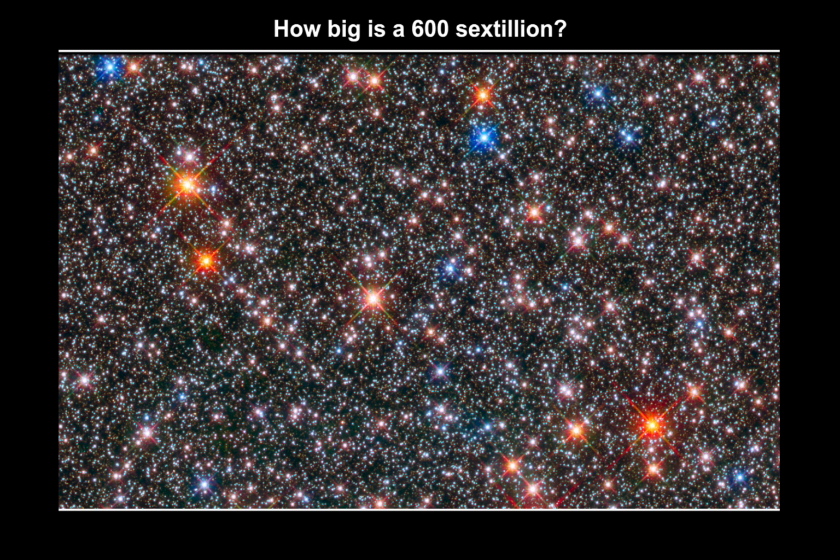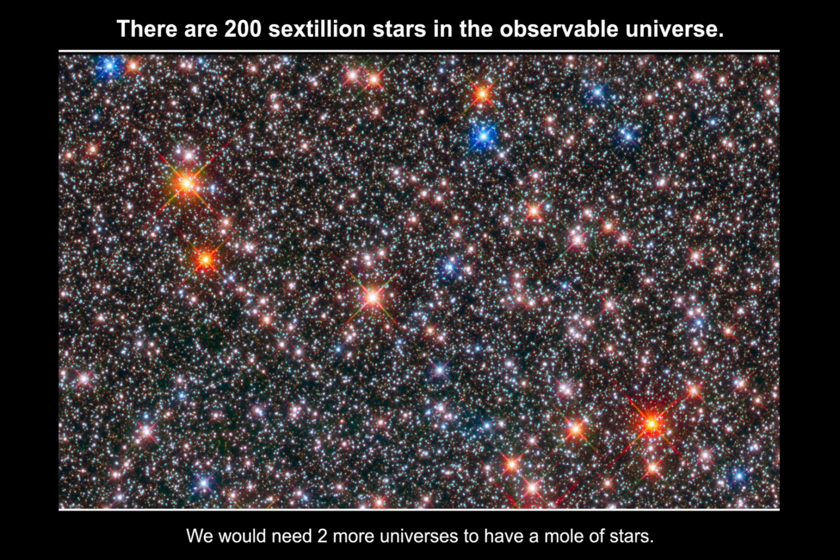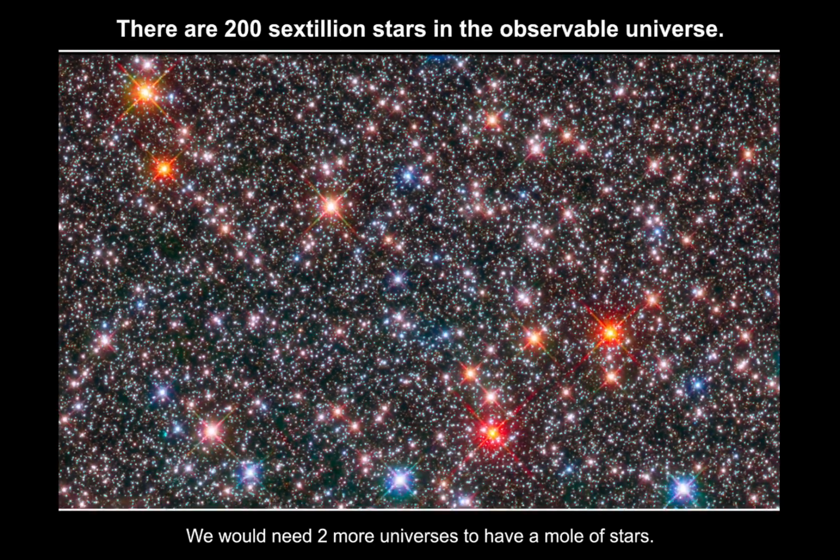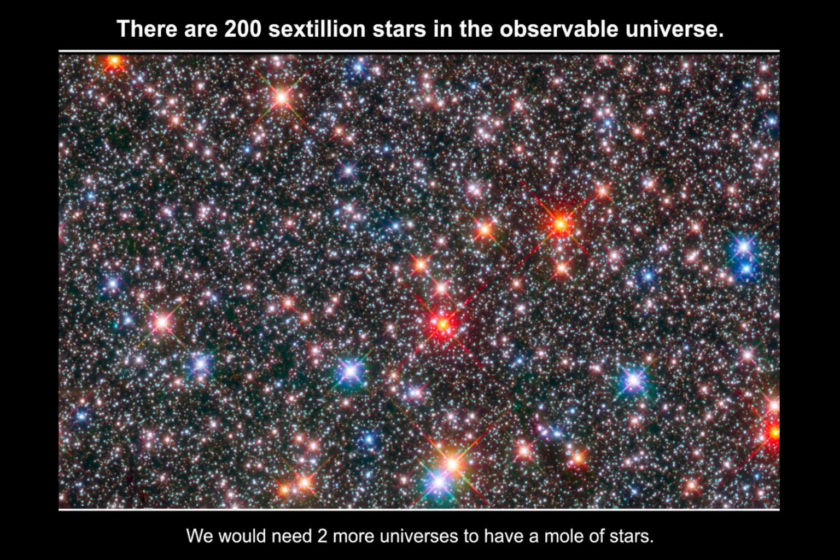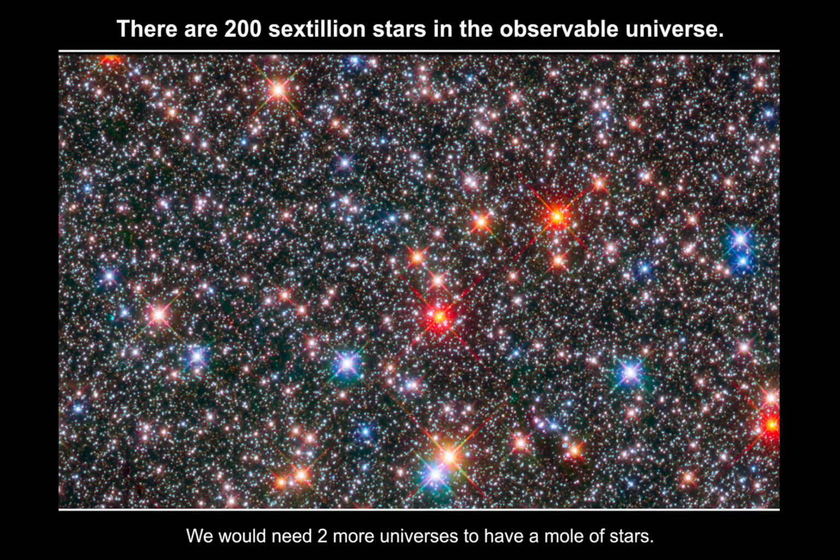Well, this picture definitely does not have 600 sextillion stars in it. The universe itself does not have 600 sextillion stars in it. The observable universe has something like 200 sextillion stars in it. What I mean by observable universe, you may know, is that we can only possibly see a certain number of stars and galaxies.